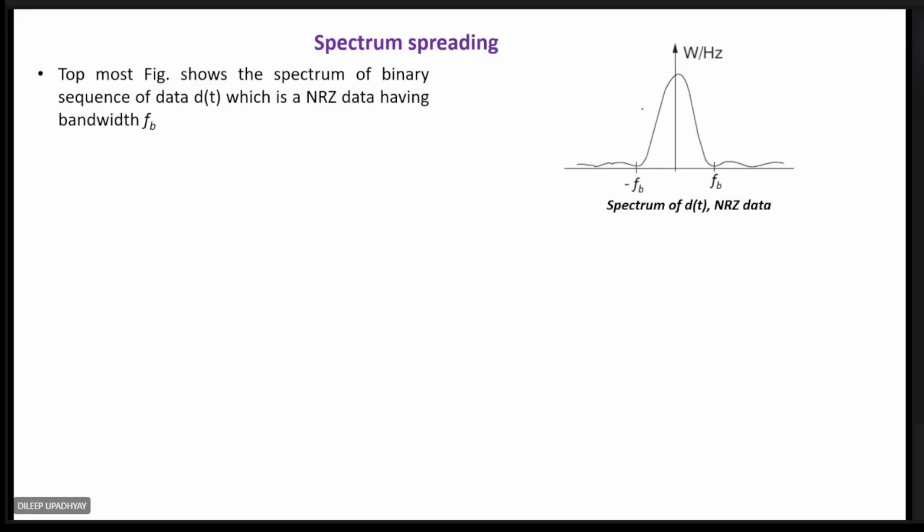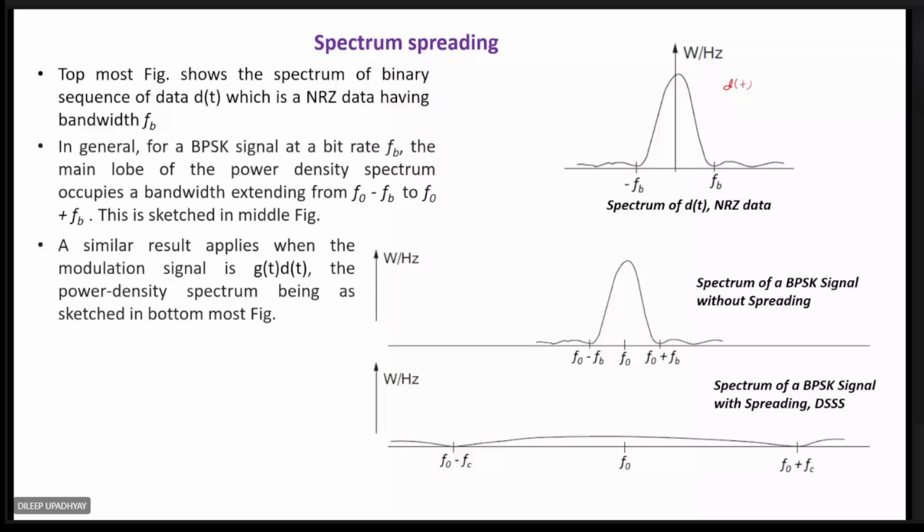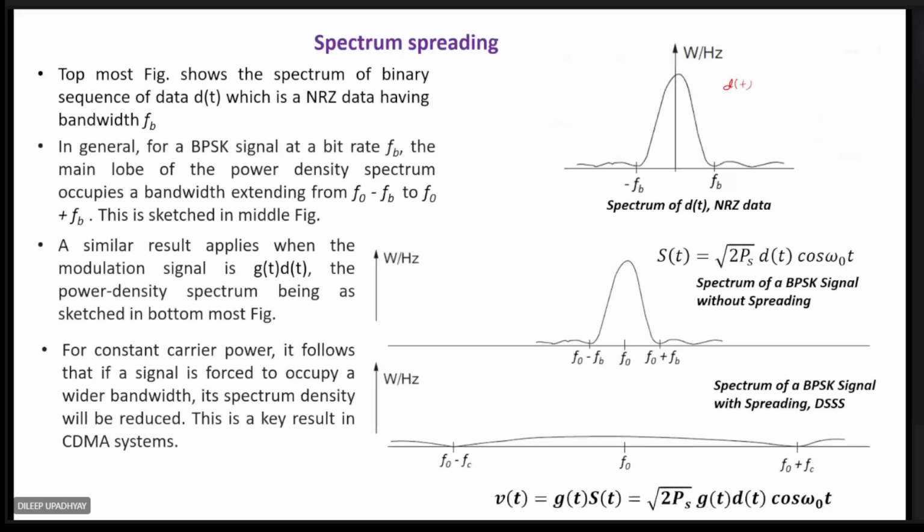Now, in more detail, I have made this slide for studying this spectrum, and you can see that this is the spectral density of the energy data, that is of the DT. Another is the power spectral density of ST, the BPSK signal.